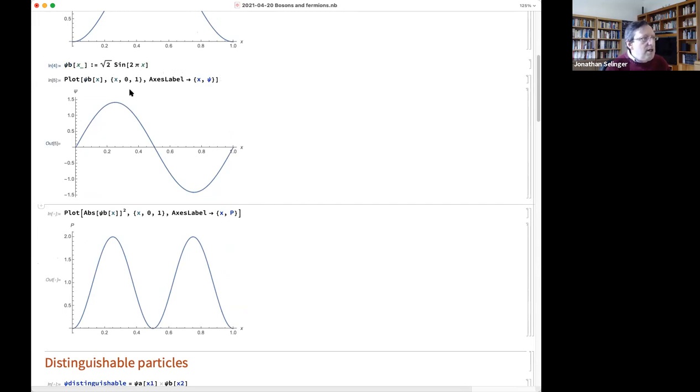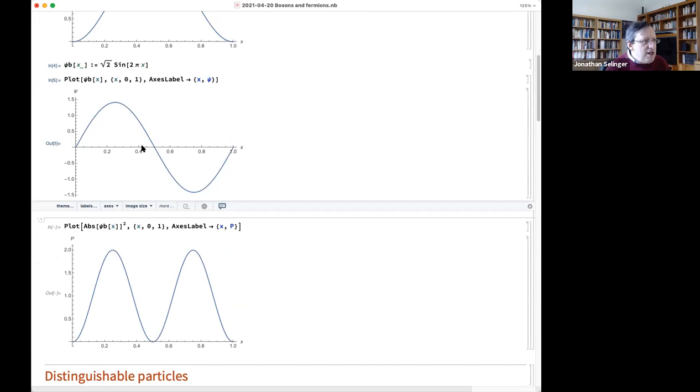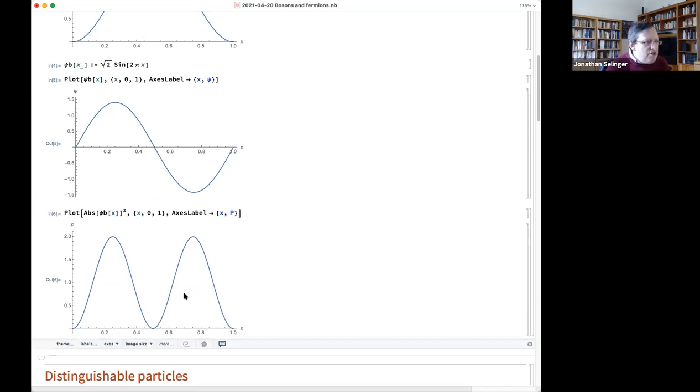Right? So it looks like this for the wave function, right, with a single node in the middle. And the corresponding probability is the wave function squared. Okay, so it has two peaks in the probability.